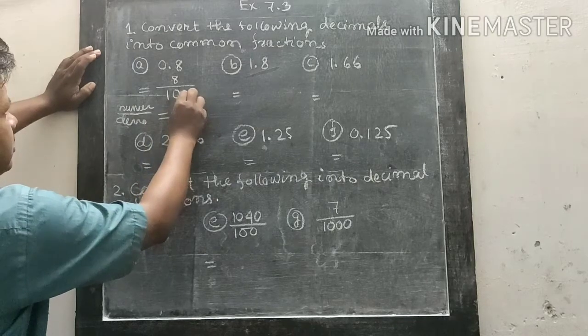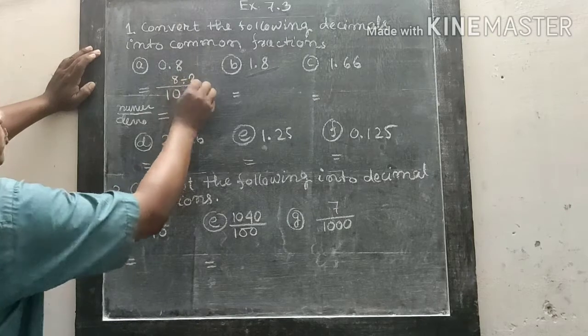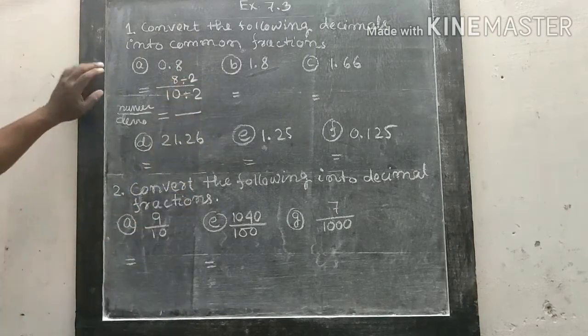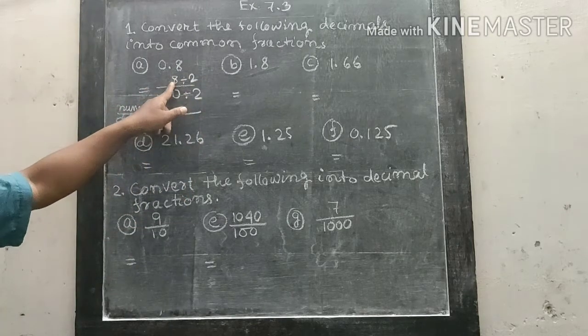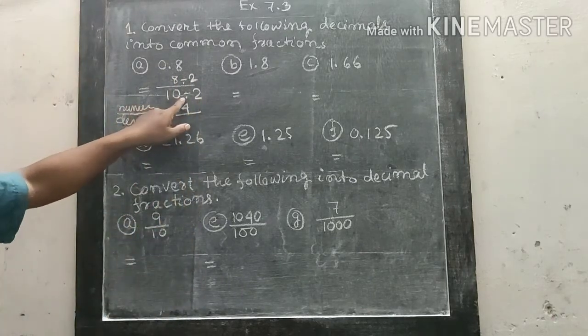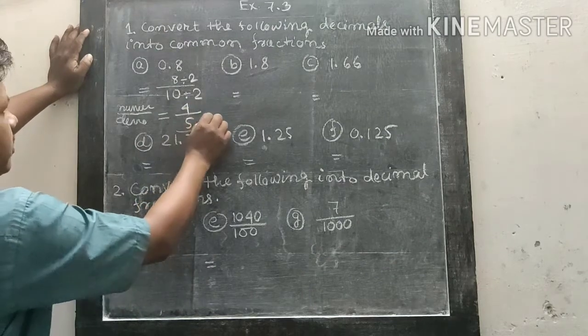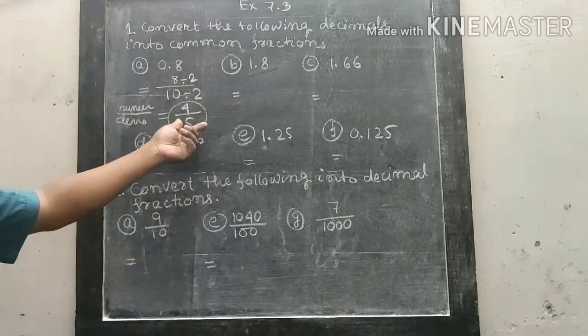So divide 10 by 2 and 8 by 2, and we shall have the simplest form. 8 divided by 2 is 4, and 10 divided by 2 is 5. So this is our required answer.